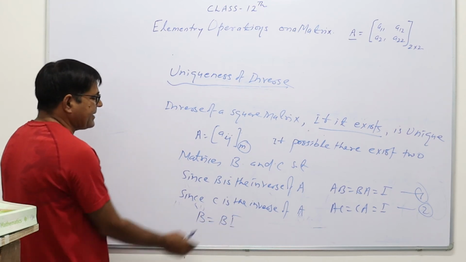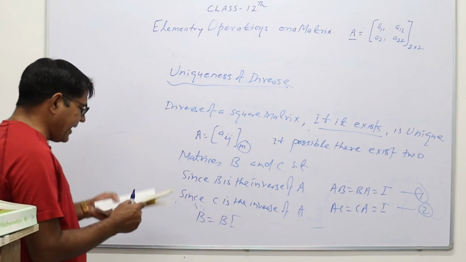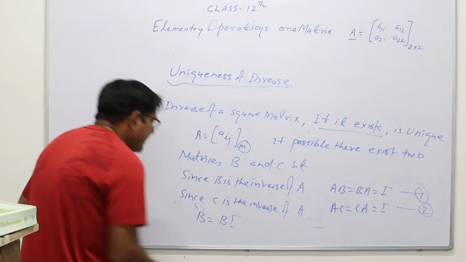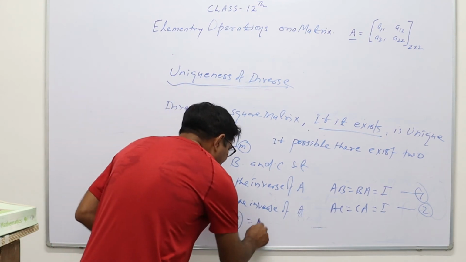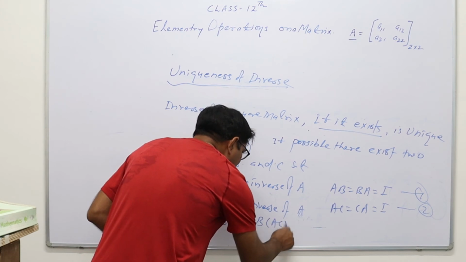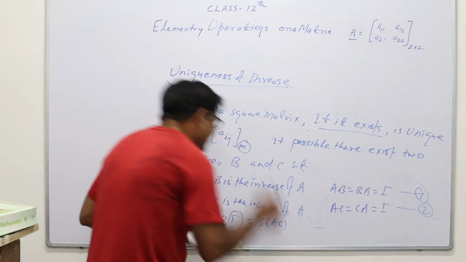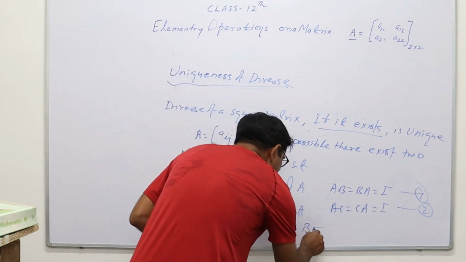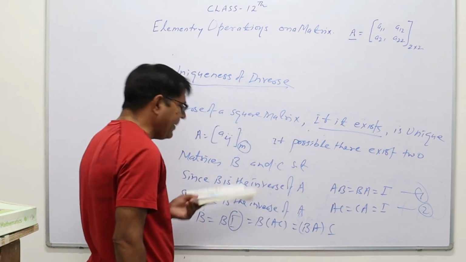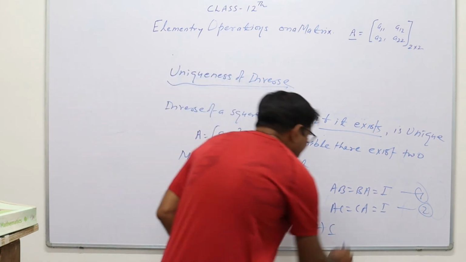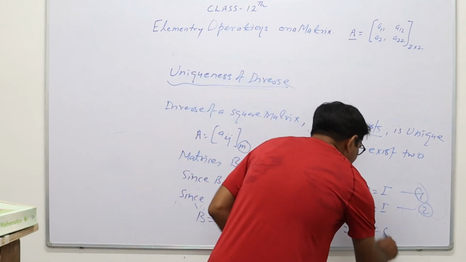If I multiply the inverse of the given matrix with the identity, there will be no difference in the matrix. Now instead of I, if I write AC, it will be equal to B into AC, and it can be written as BA into C. Now what is BA? BA is your I, so I into C will be equal to C.